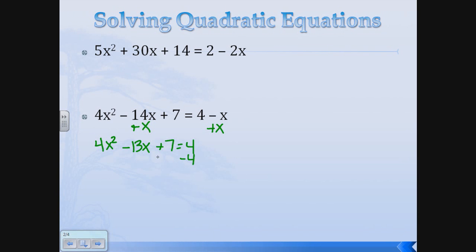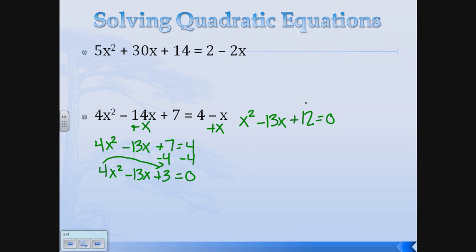Then subtract 4, so that we get 4x squared minus 13x plus 3 equals 0. Once again, multiply 4 times 3, so that we get x squared minus 13x plus 12 equals 0.